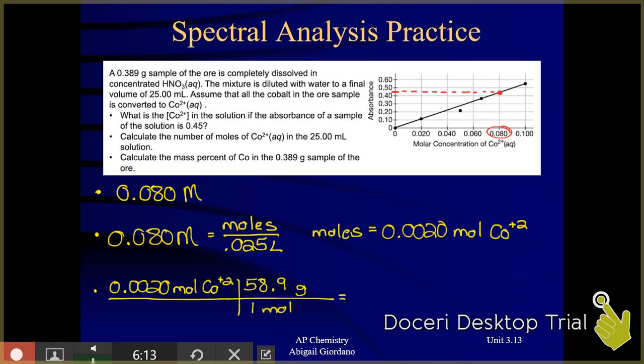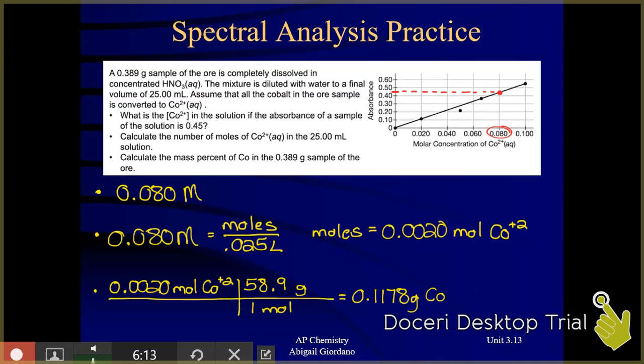And let's do that quick conversion. At this point, it doesn't really matter if you're writing your answer as grams of cobalt or grams of cobalt ion, because remember what the question said, assume that all the cobalt in the ore is converted into the ion, so it's going to be the same amount, okay?